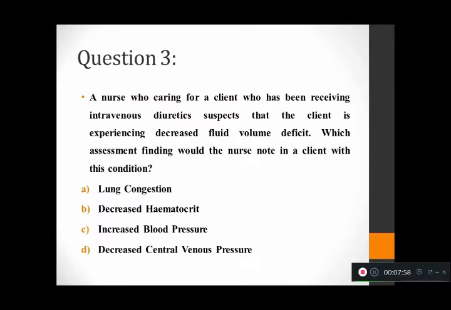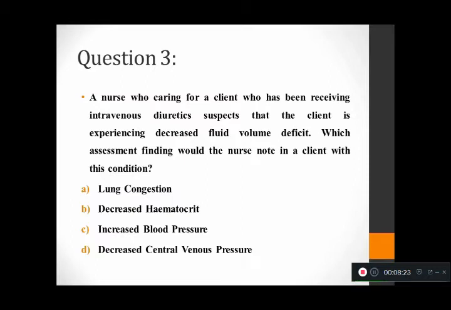So these are the conditions in which there will be fluid volume deficit. Again I tell you, increased respiration and heart rate, decreased central venous pressure, weight loss, poor skin turgor, dry mucous membrane, increased hematocrit, and altered level of consciousness.